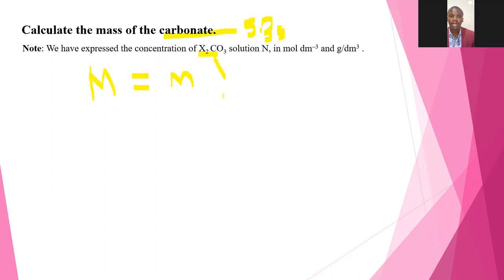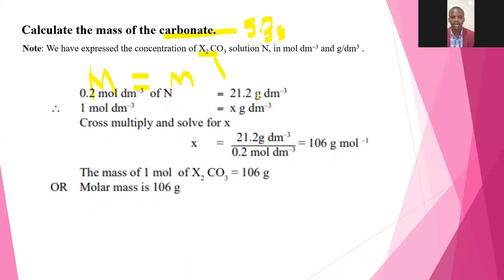And now the molar mass is gotten as mass over moles. So moles of the carbonate, we got to be 0.005. Then you divide 5.3 by 0.05, just the way it was done here.